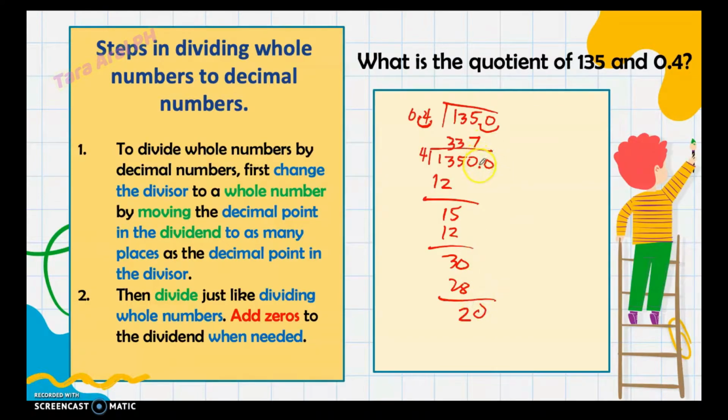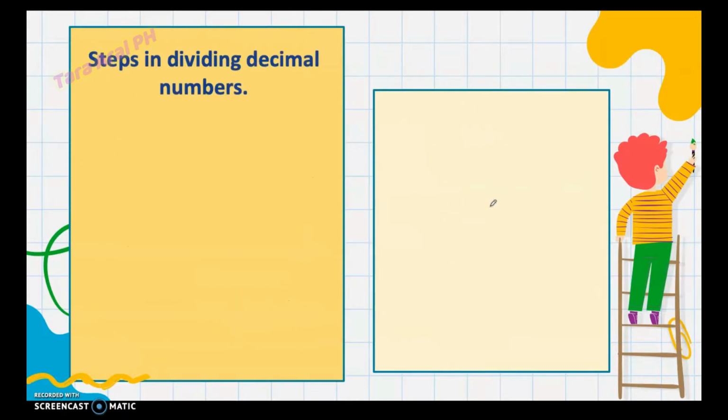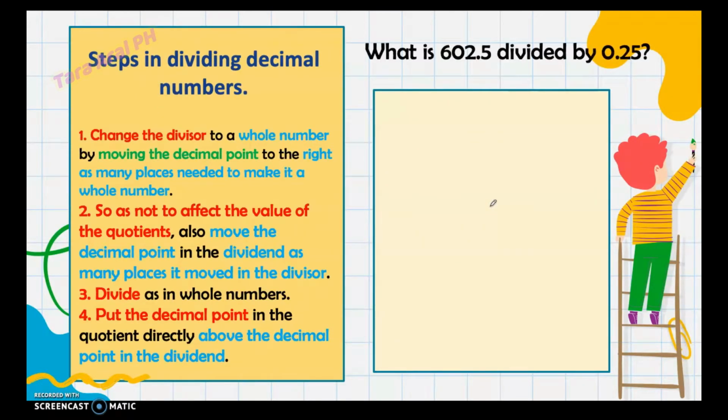And don't forget to put the decimal point above the decimal point of the dividend, so we have 20 divided by 4, which is 5. Then multiply 20, subtract. There is no remainder now. Our answer is 337.5.